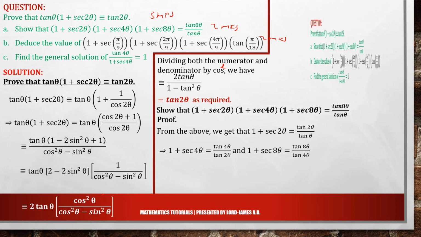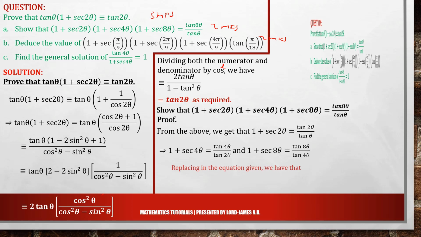All of this is based on the proof above, showing that this is true. Because if we make 1 plus sec 2 theta the subject, you see that it is tan 2 theta divided by tan theta. The angle is maintained on the numerator and halved at the level of the denominator, exactly what we have done here.